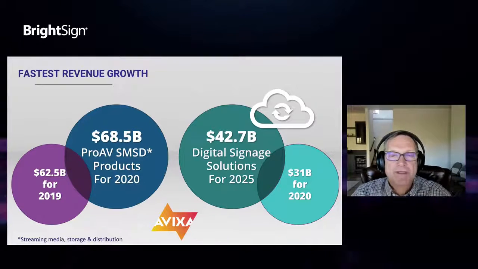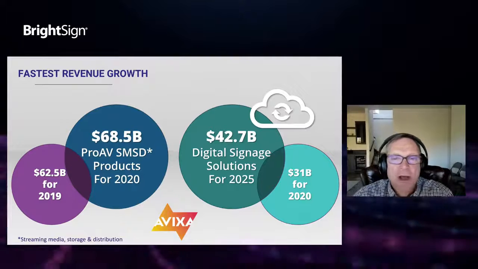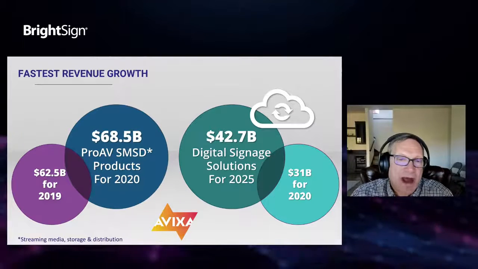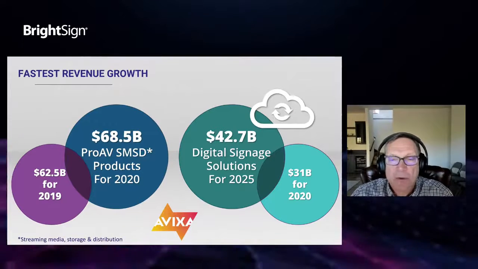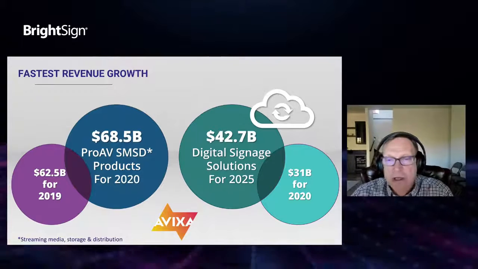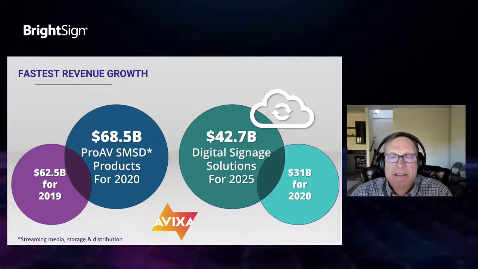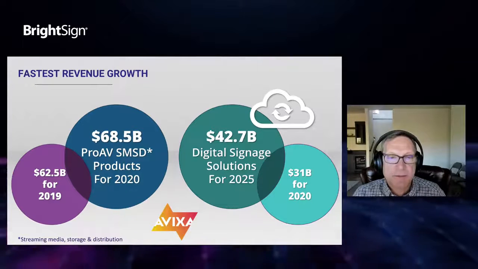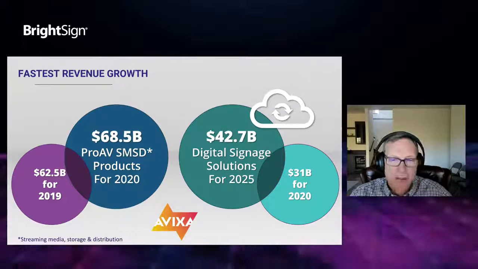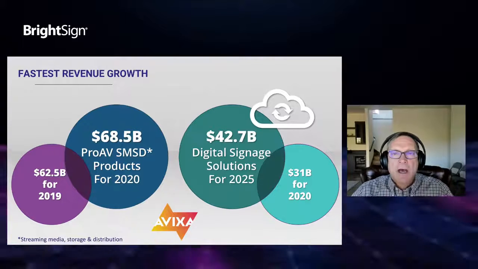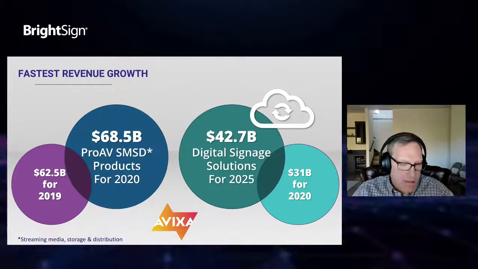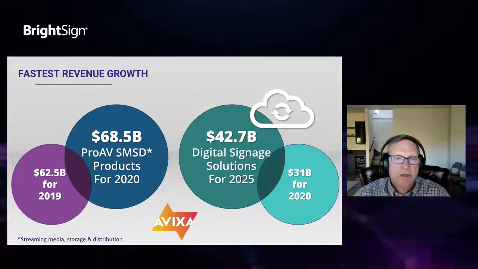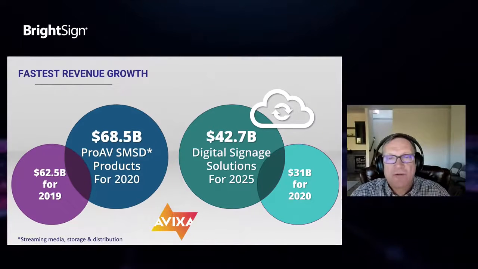There's not a lot of businesses in the pro AV world that have a CAGR of 7.5% over the 5-year period that we're looking at right now. So as you look at businesses to go in and segments to focus on from a solutions perspective, digital signage is one that's growing. It's very solid. And the tools are coming out, as I've talked about, in terms of cloud connectivity to make these highly profitable for you.